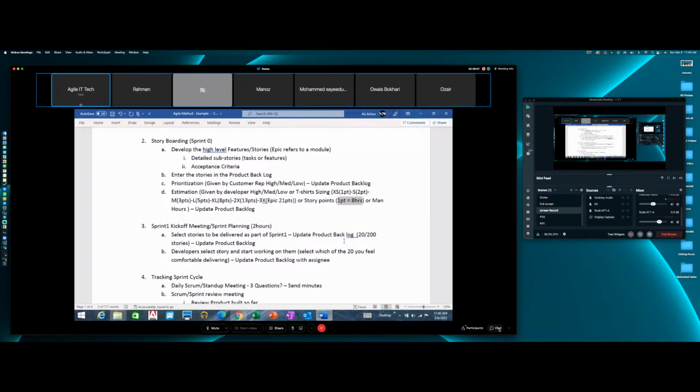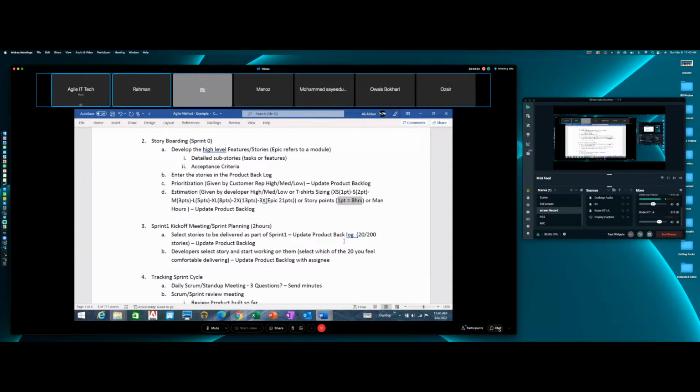But if you're giving this task to just one developer, the maximum effort that developer can do in a 2-week sprint is 10 points, 10 days. So you can't give a task to one developer that is greater than 10 points. Everybody got it?